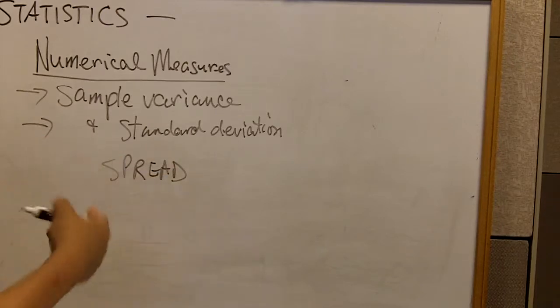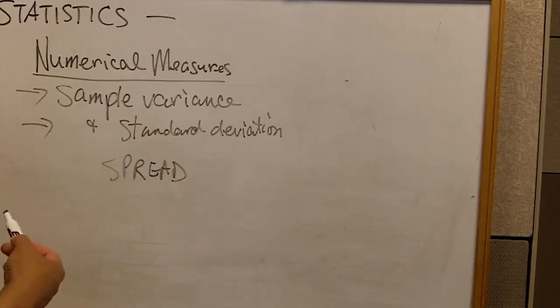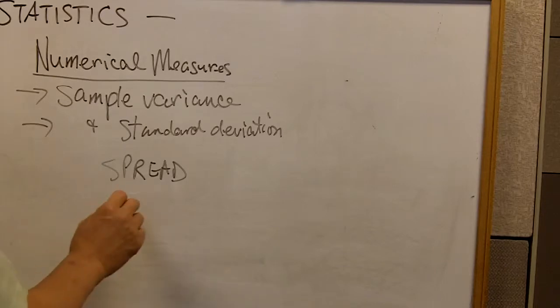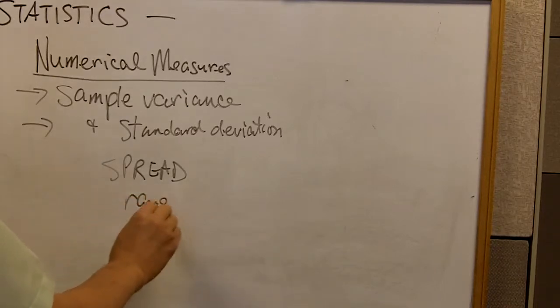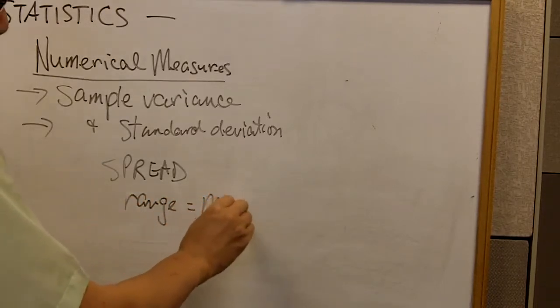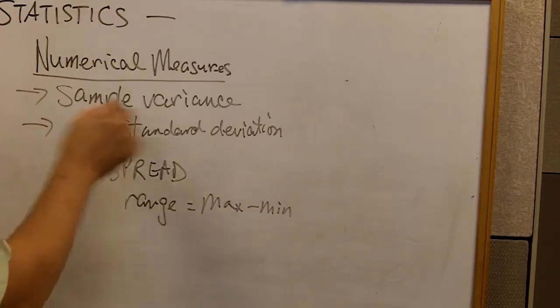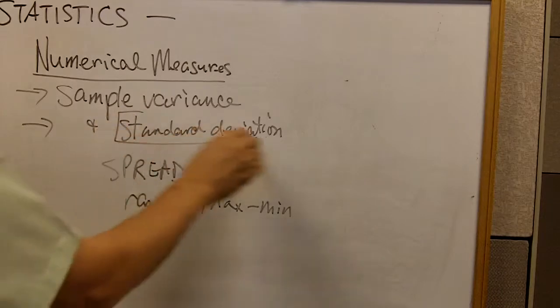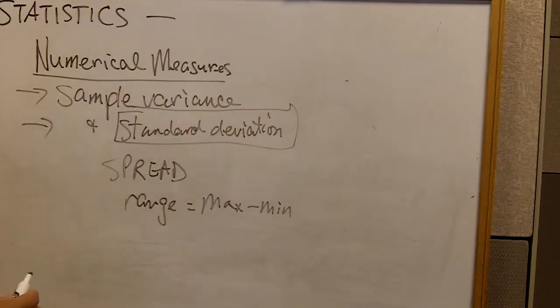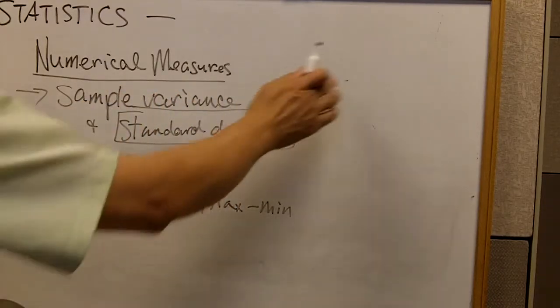They are basically cousins of one another. We have other measures such as finding the range, which is nothing but the maximum value minus the minimum value, that is the range. But this concept, standard deviation, is going to be very powerful.